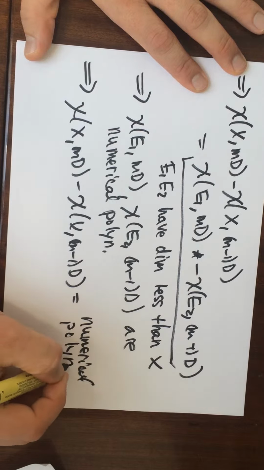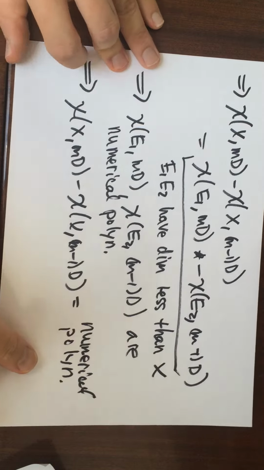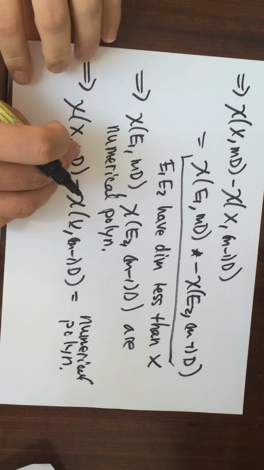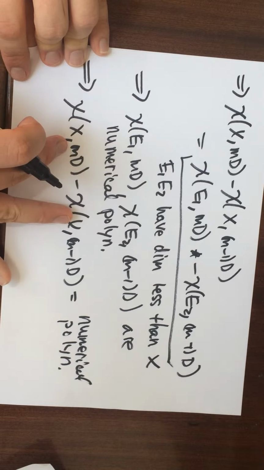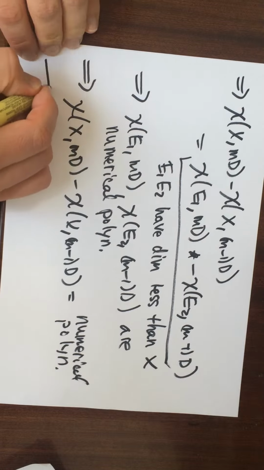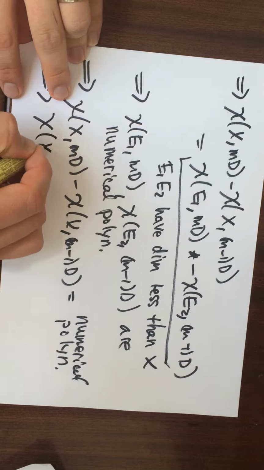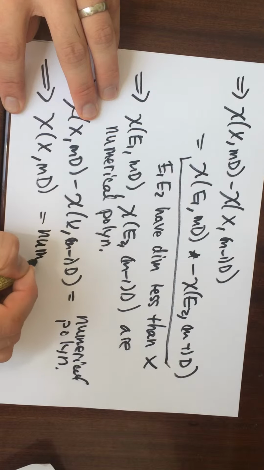Maybe I'll do this in another video on numerical polynomials, but it would be a distraction to do it right now. If the difference of two things is a numerical polynomial, then this tells us that the thing itself is a numerical polynomial.